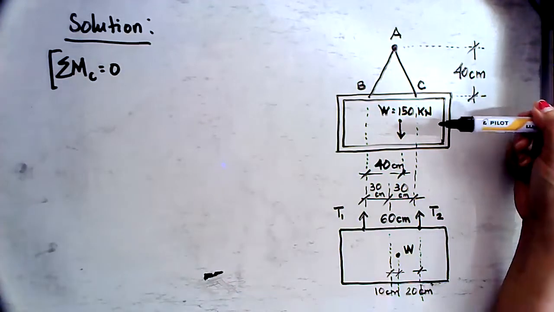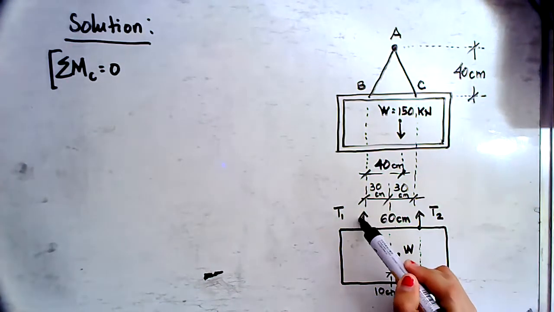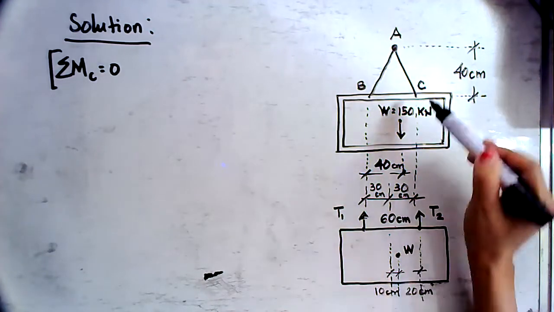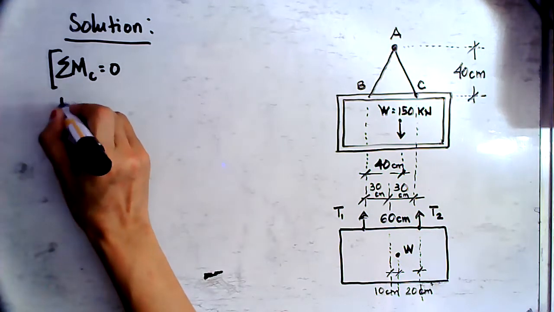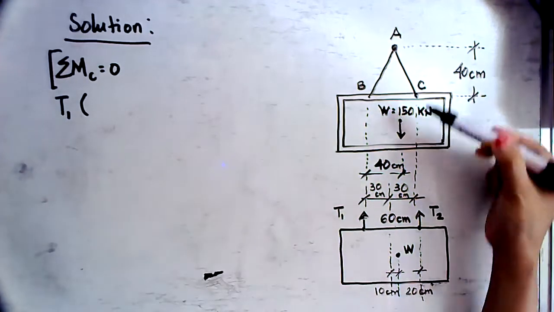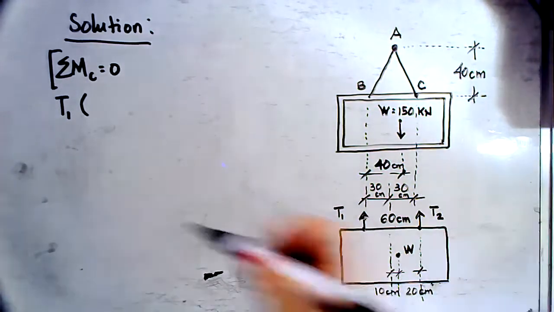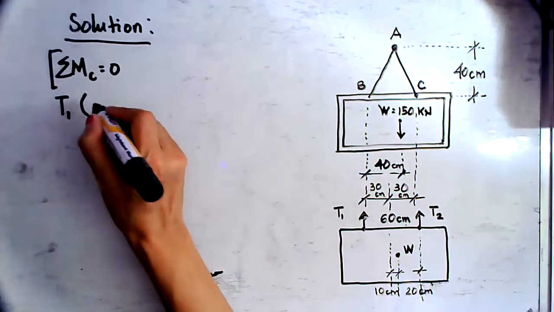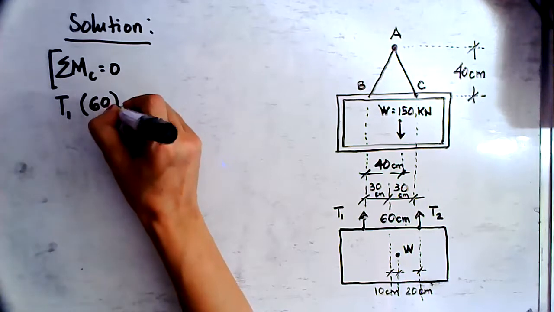We will have the tension 1, which is going in the clockwise direction relative to point C. So that means T sub 1, and the distance of T sub 1 to point C is 60 centimeters. So we multiply it by 60.